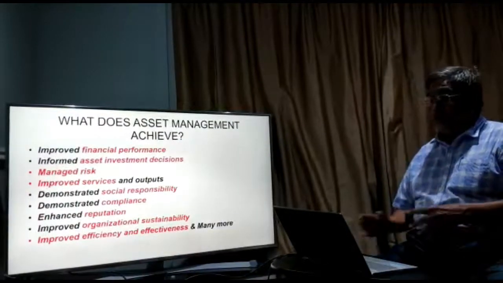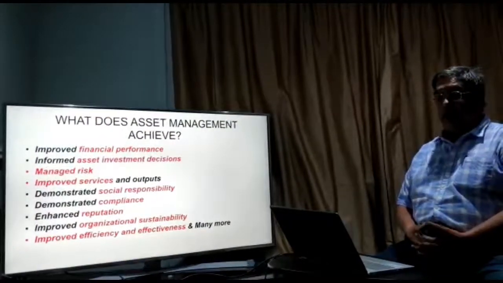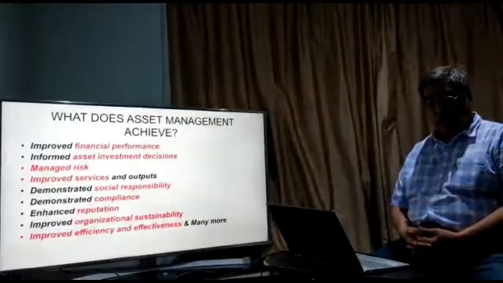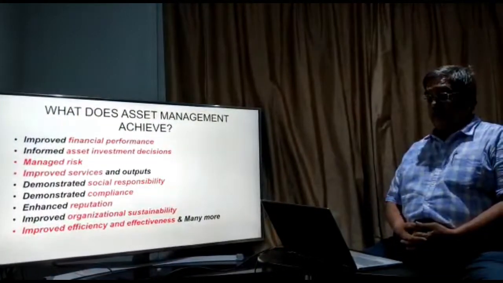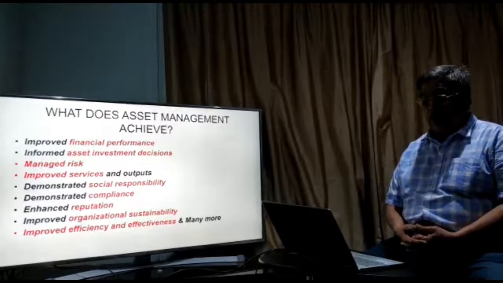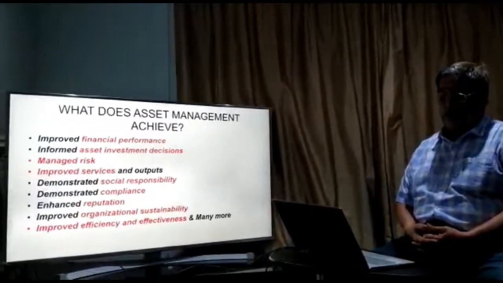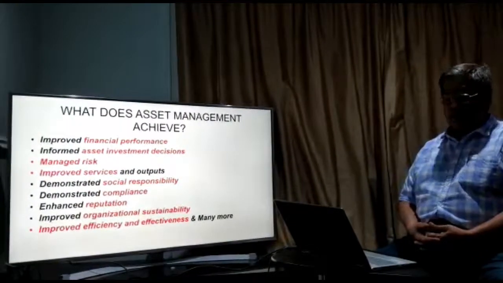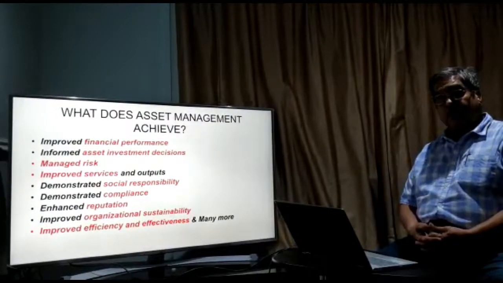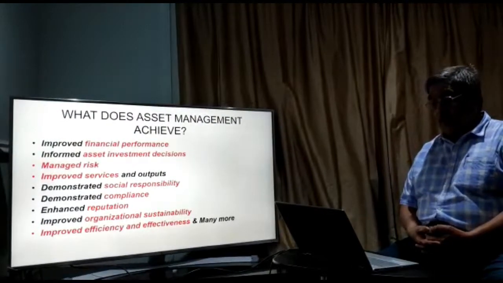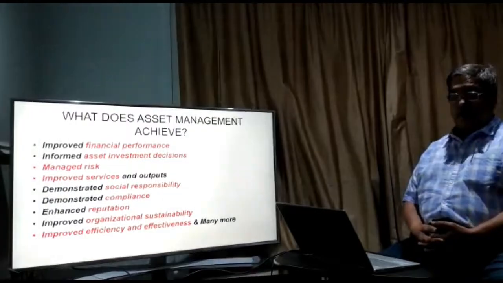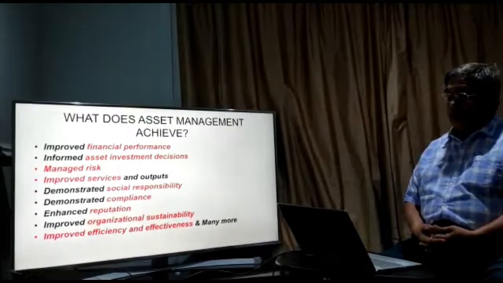And what does asset management achieve? It improves financial performance and informed, assertive investment decisions. The purpose for the investment has to be achieved. It also means managing the risk, improving services and products every day, demonstrating social responsibility and demonstrating compliance.